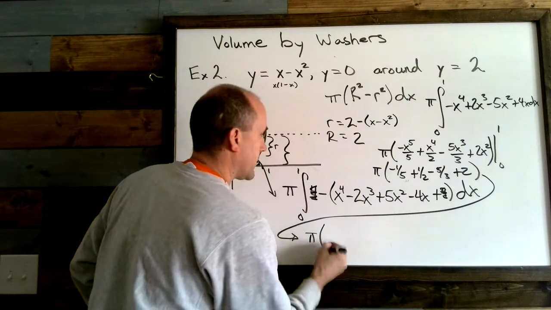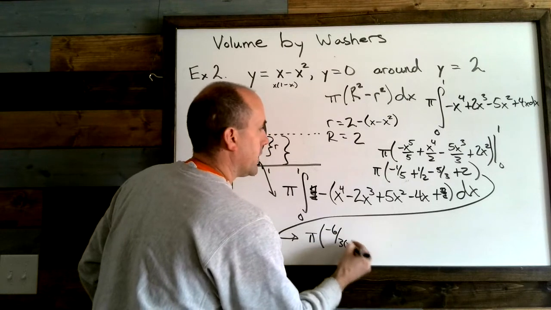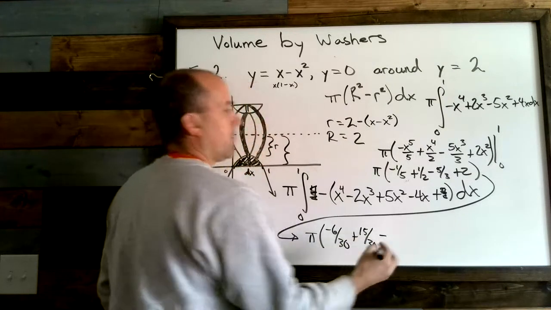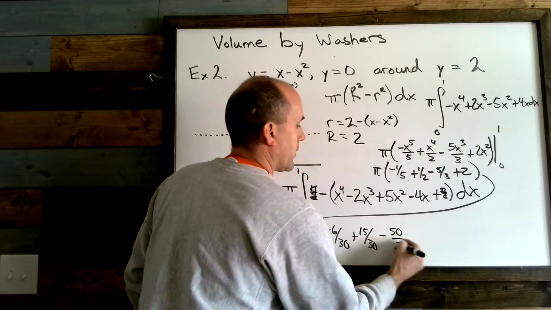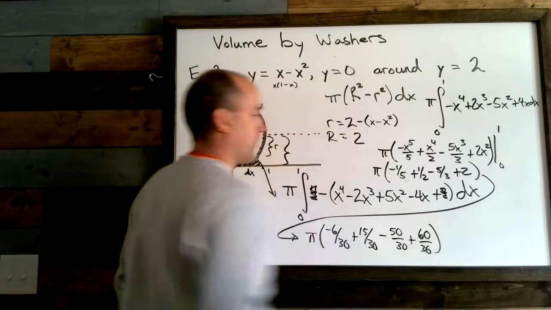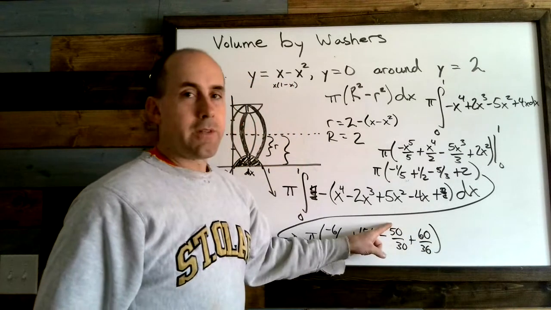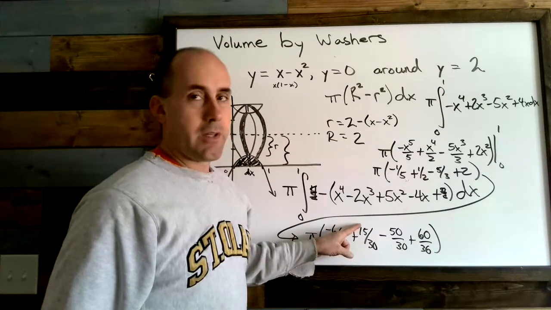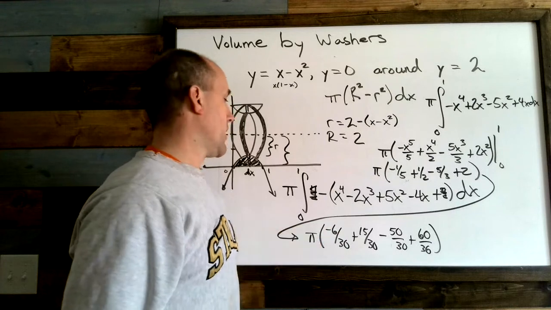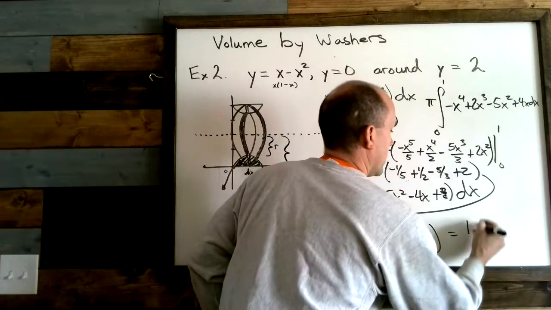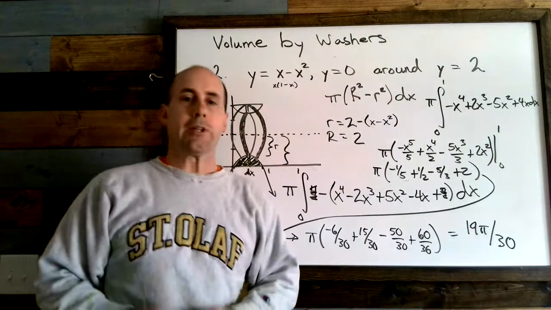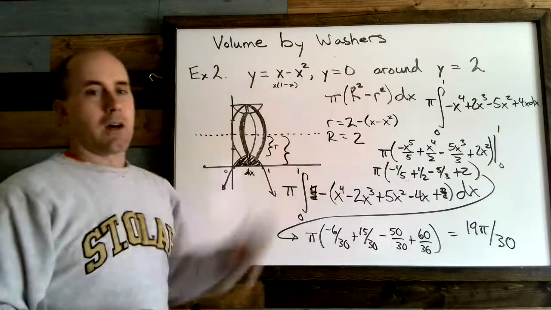So pi times negative 6 over 30 plus 15 over 30 minus 50 over 30 plus 60 over 30. 60 and negative 50 make 10, plus 15 is 25. 25 minus 6 is 19. 19 pi over 30. Yeah, that's a lot of work.